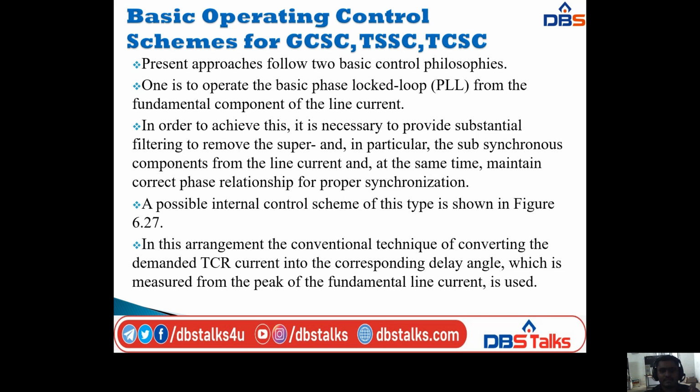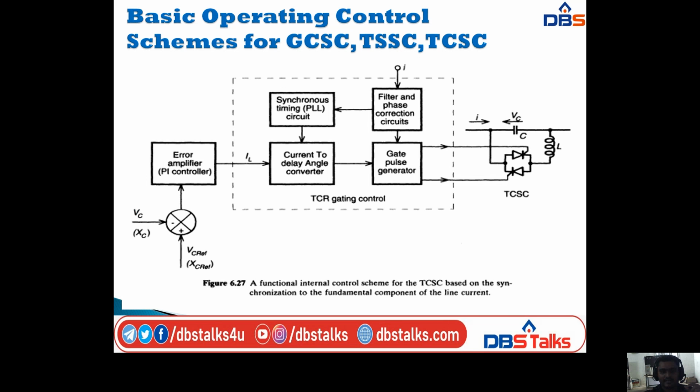In this arrangement, the conventional technique of converting the demand PCR current into the corresponding delay angle is used, which is measured from the peak of the fundamental line current. That is this one, I. Here we are using an error amplifier, that is a PI controller, and here we have the IL current, which is given to the current to delay angle converter, and this will come from the synchronous timing circuit, that is the PLL circuit.